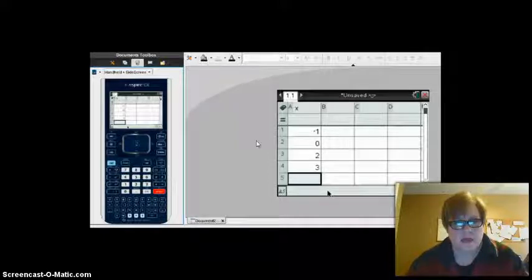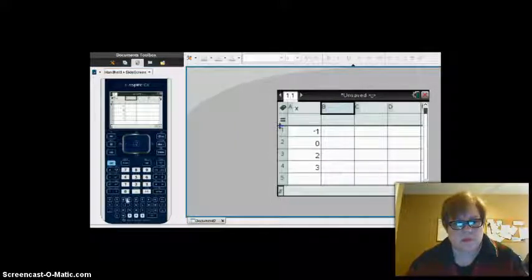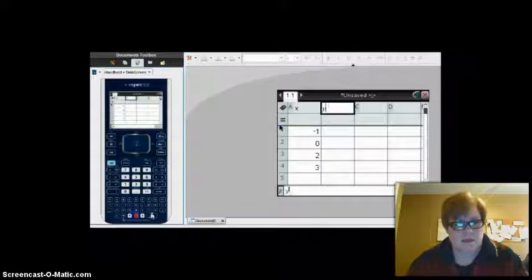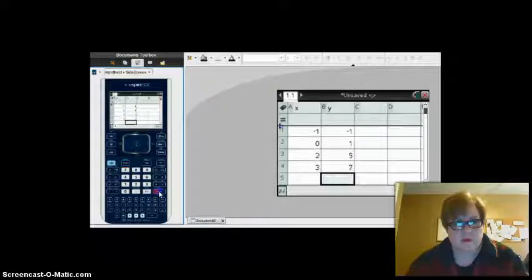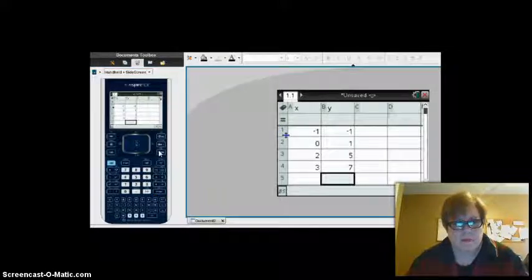Okay, and then in my B column, I want to put my y's. Again, don't hit enter there. Just use your arrows to move. Those values were -1, 1, 5, and 7.